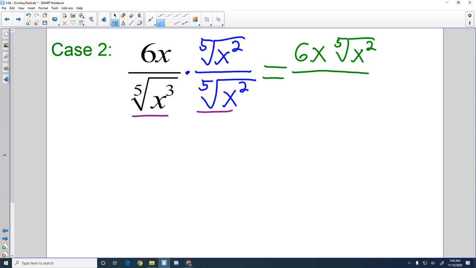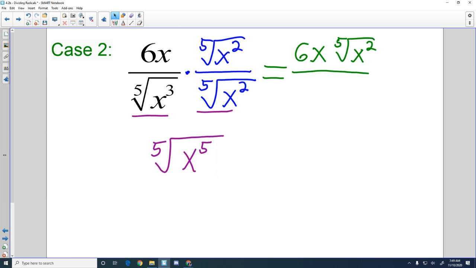When I'm multiplying these two 5th roots, I'm going to get another 5th root, right, because that's the same index. But if I multiply x to the 3rd times x to the 2nd, that gives us x to the 5th. When you multiply the same base, you add the exponents up. 3 plus 2 is 5. And so looking at this radical down here, see how the index and the exponent are the same now?